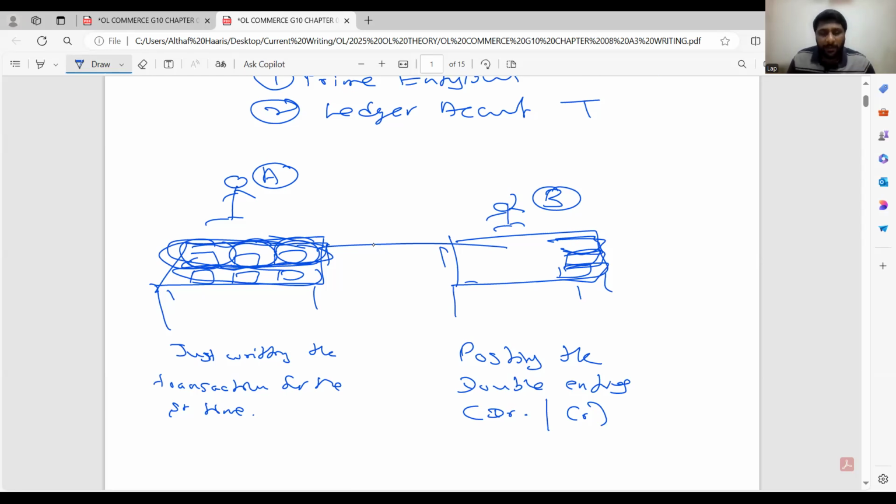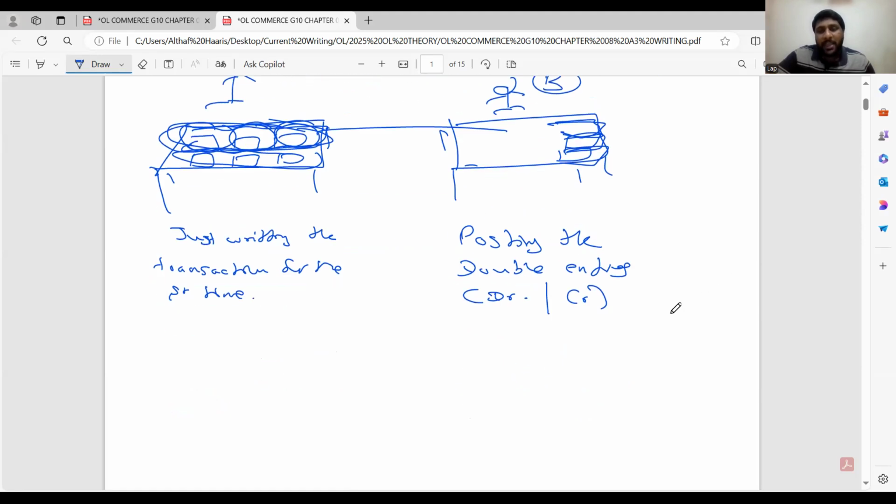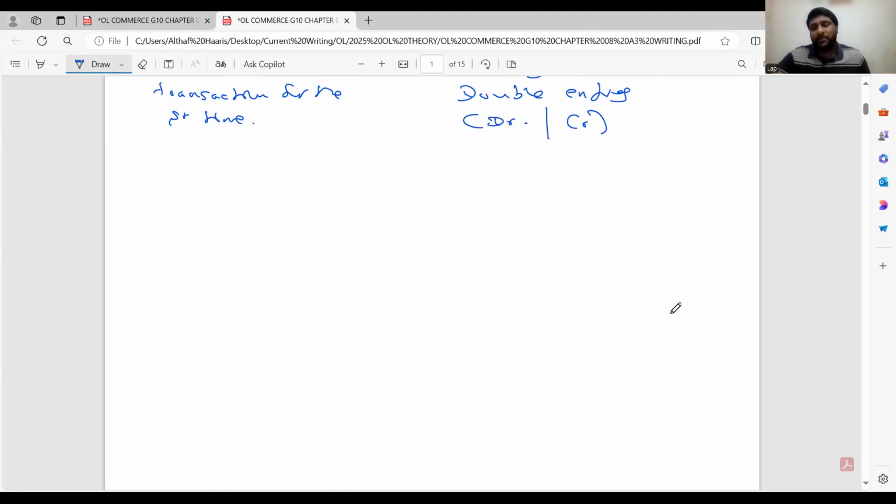Then everyone tell me, the cash book has a dual function. What are the dual functions, people? Everyone say it, type it in the chat box.